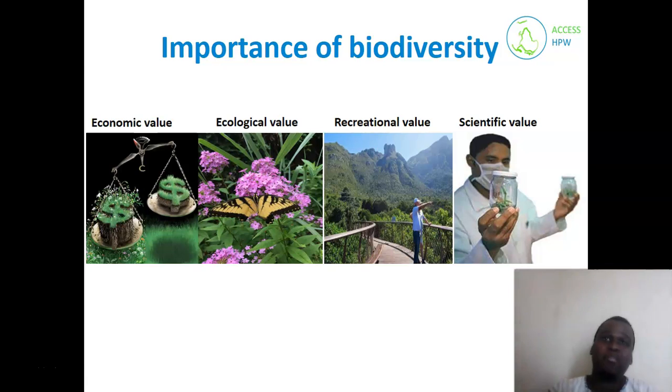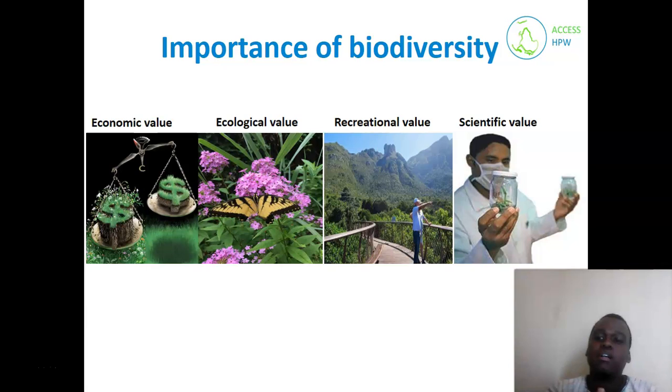So over 90% of the food that we eat and depend on comes from these ecosystem services. Ecosystem services also provide us with building material, medicine, fresh and clean water, clean air, and also play a role in mitigating climate change.